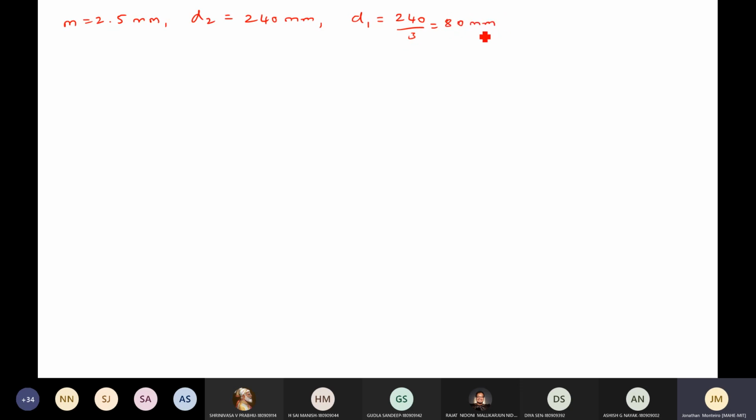We have chosen k equal to b by m to be 10. With this in mind, b is 2.5 into 10, so face width is 25 mm. These values you can write: D1, D2, and face width is the same whether it is a gear or pinion. Till this point, this completes design based on strength.